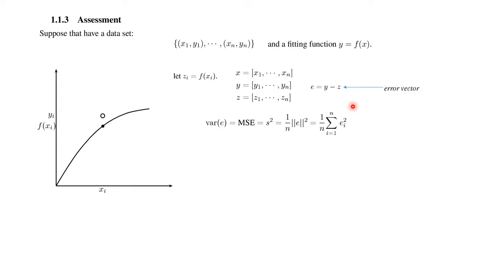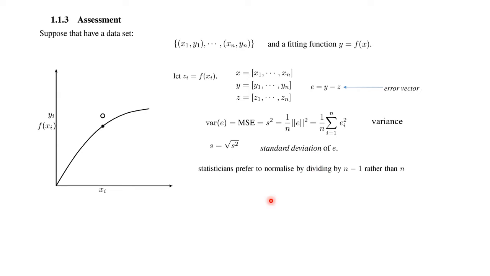If this is a vector E, we call the variance the average of the sum of the squares of the errors. So in other words, you take the sum of the squares of the errors and divide by n. The average of those is called the variance, or the mean square error. And the square root of that is called the standard deviation.